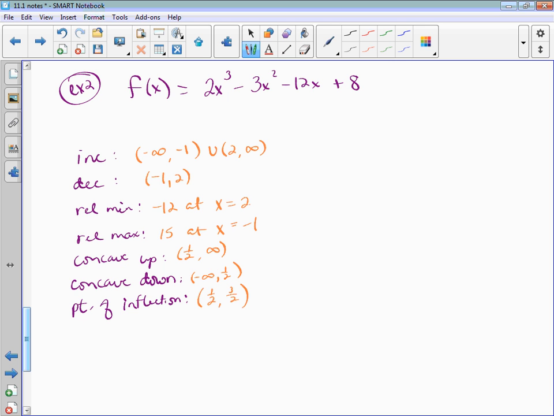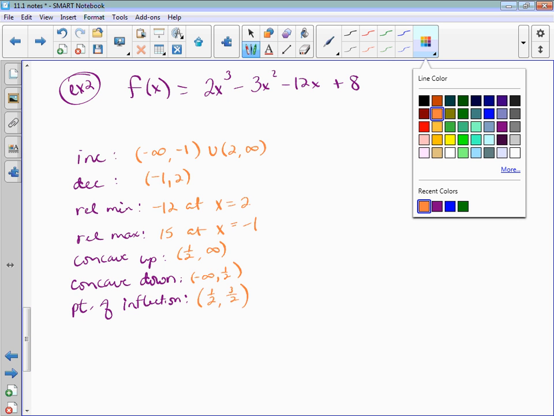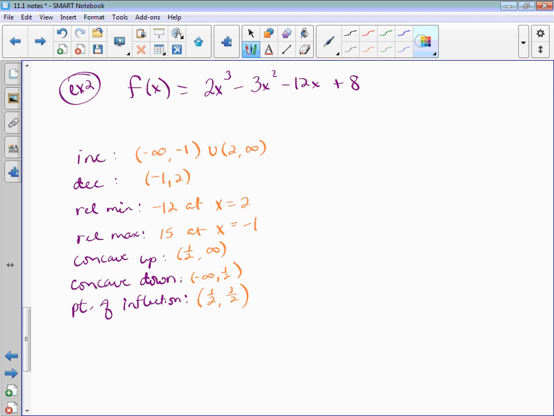So guys, things to note on this. When you are finding the min, the max, or the point of inflection, that is where you plug x into your original f of x to get y. Okay? And doesn't that make sense? You're looking for the relative min or max or the point of inflection of the original graph.